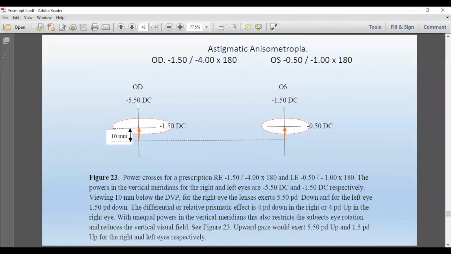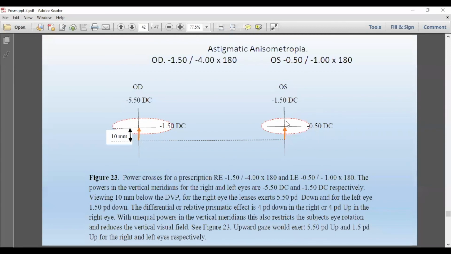Now, as you can see over here, 5.50 in the vertical for the right, 1.50 for the vertical in the left. So what's your difference in power over here? I've got a 4 diopter difference in power. So if I'm looking at 1 centimeter below the optical center, I've got 5.5 prism, in this case base down.